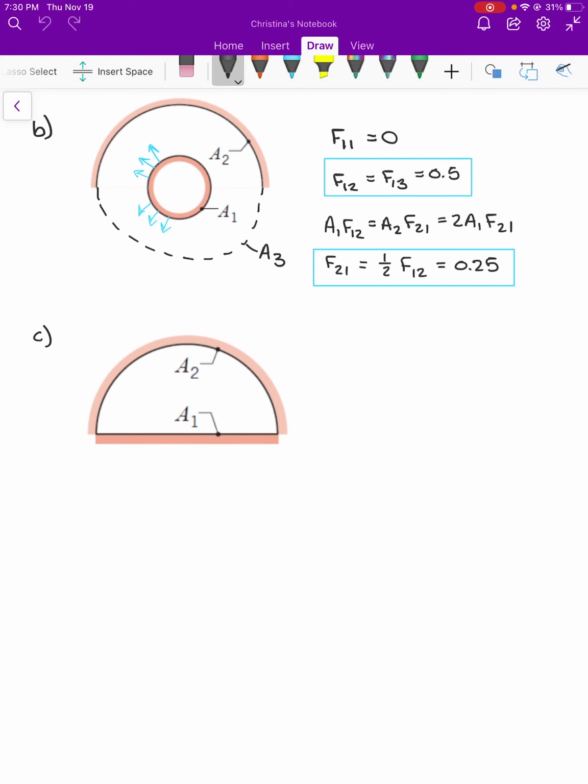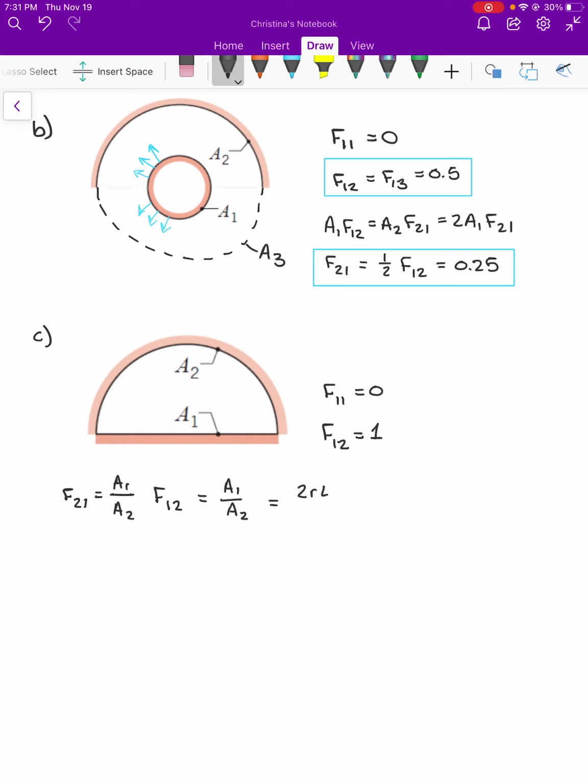In part C, we immediately notice that surface 1 is flat, and so F11 is equal to 0. Now, either by inspection or by the summation rule, you can come to the conclusion that F12 is equal to 1 because all of the radiation from surface 1 is getting intercepted by surface 2. We can then use the reciprocity rule to connect F21 to F12.